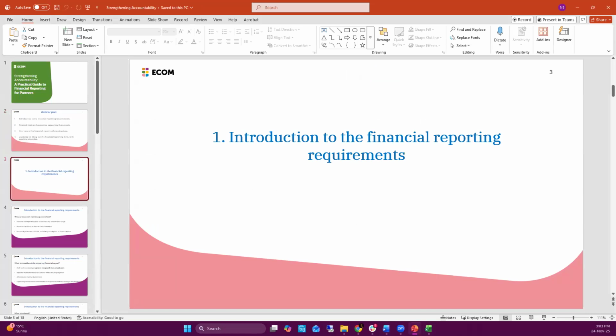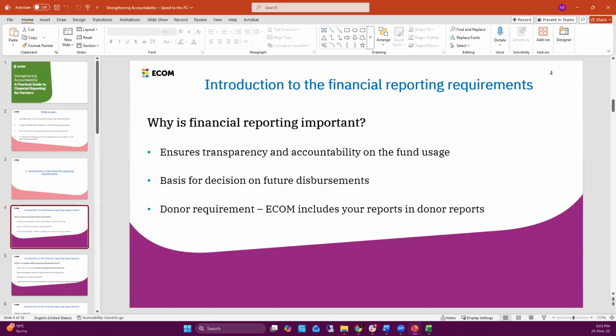Okay, so, introduction to the financial reporting requirements. First of all, let's begin with why financial reporting is such an essential part of our collaboration. Financial reporting is not just a formality, it is a core requirement that ensures the transparency, credibility, and accountability of how project funds are used.